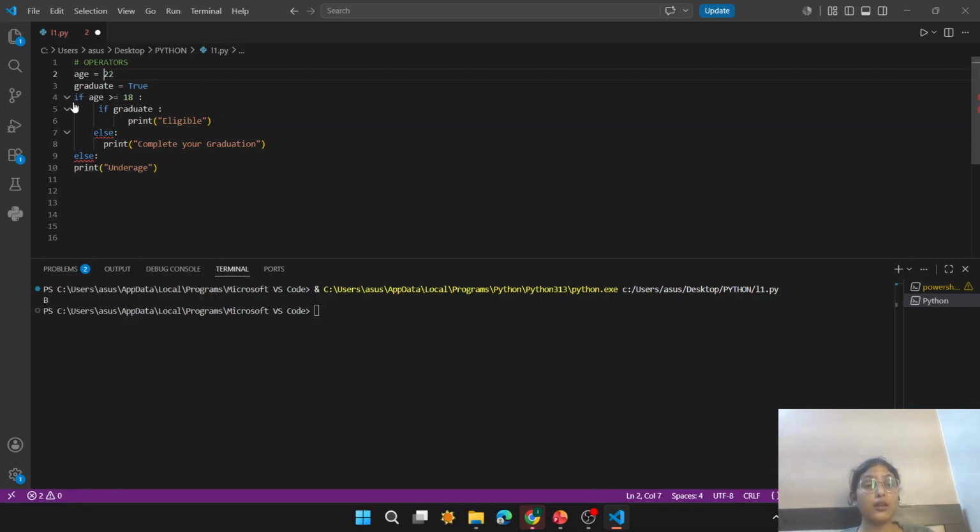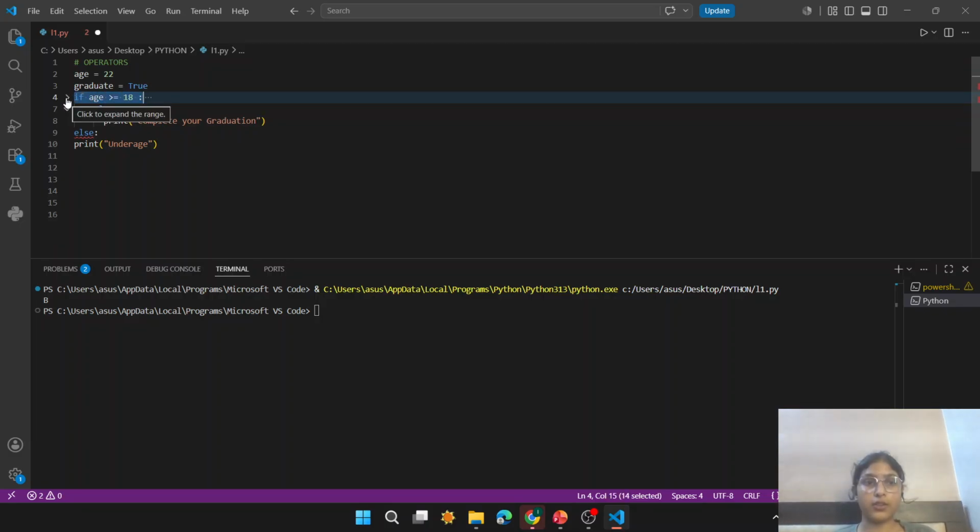If age is greater than or equal to 18 and this condition is satisfied, then go to the next condition. If graduate is true, then print okay, you are eligible. Else, if this condition is not satisfied, then the message complete your graduation should be displayed.